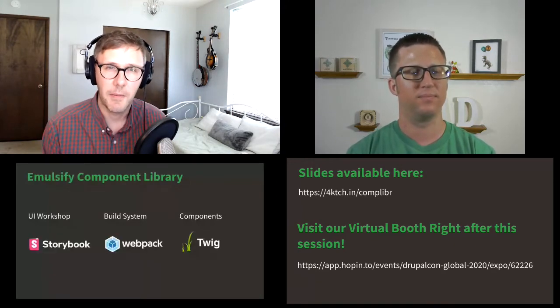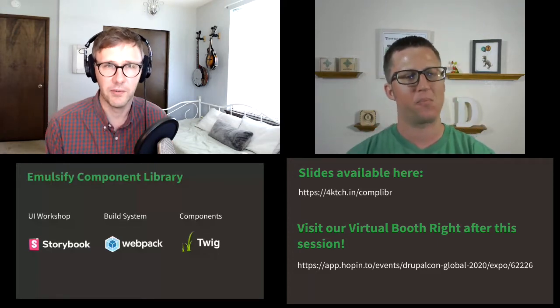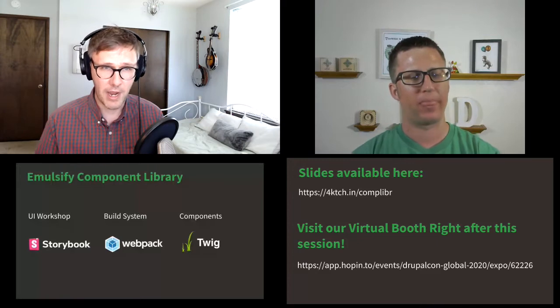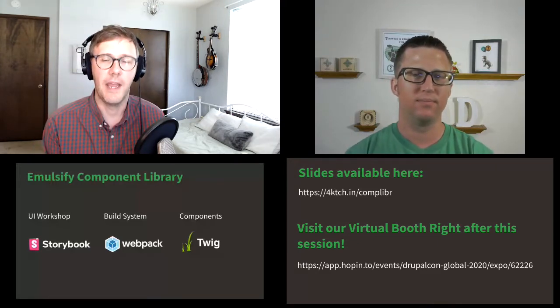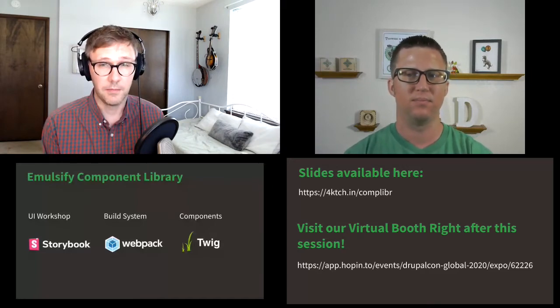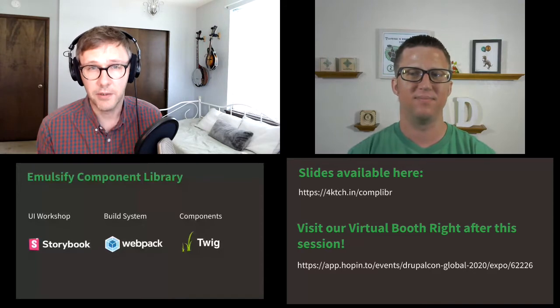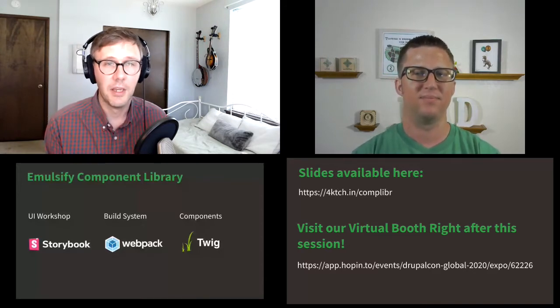So first, let's talk about the UI workshop and build system. If you're familiar with Emulsify's history, you may be asking why these tools in particular. Well, from a high level, they have incredible support. Storybook lists 900 plus committers, 6.6 million plus monthly installs.